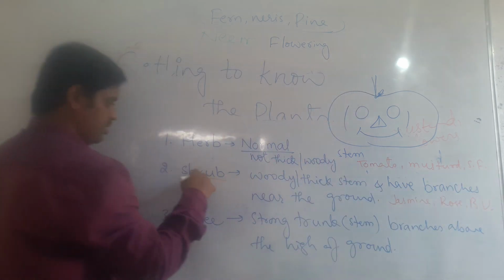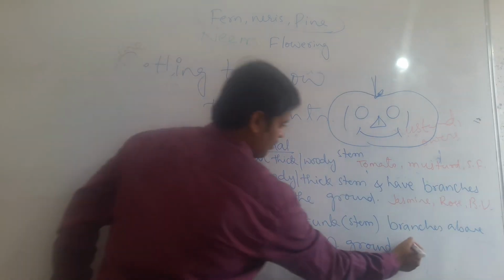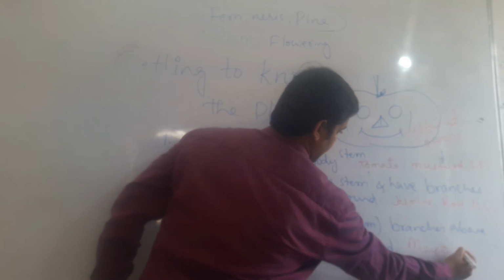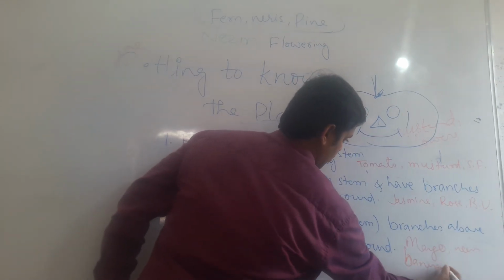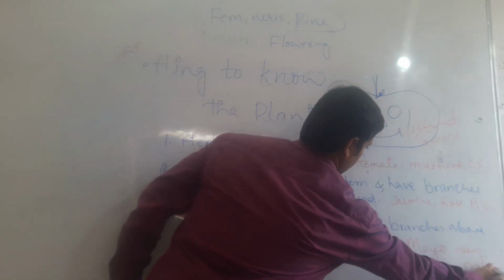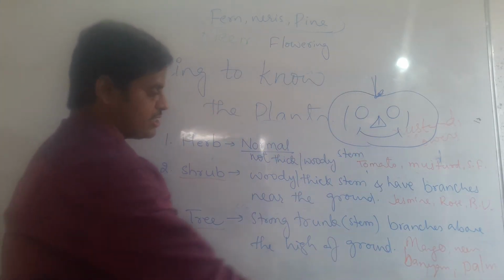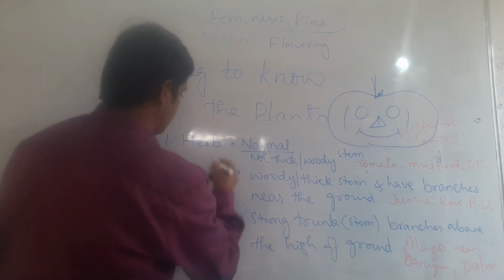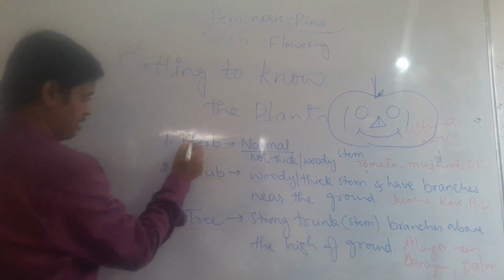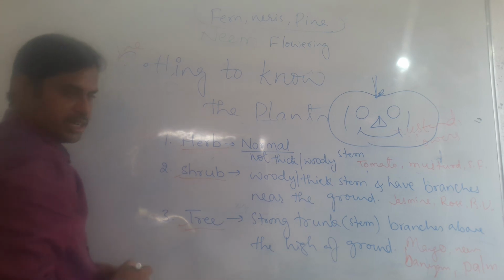All these are shrubs. And trees, you know very well: mango, neem, banyan, palm tree. Do you know palm tree? It is just like a coconut tree, right? Okay. So these are about herbs, shrubs, and trees.